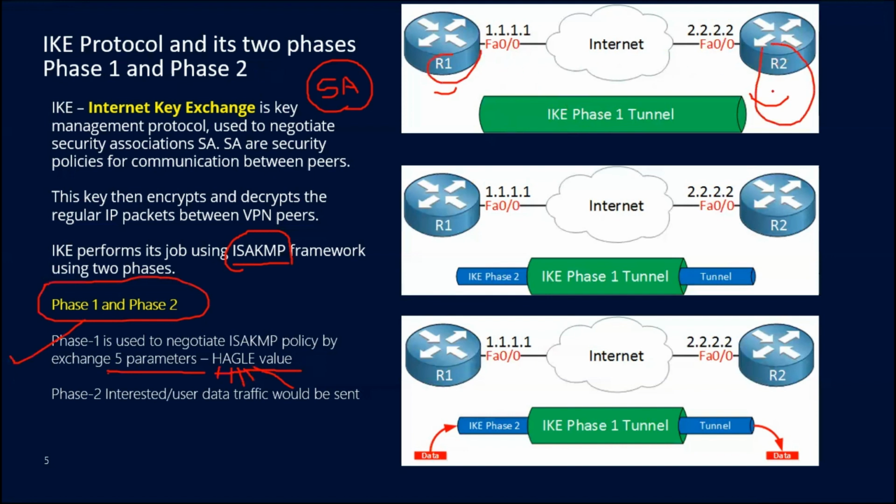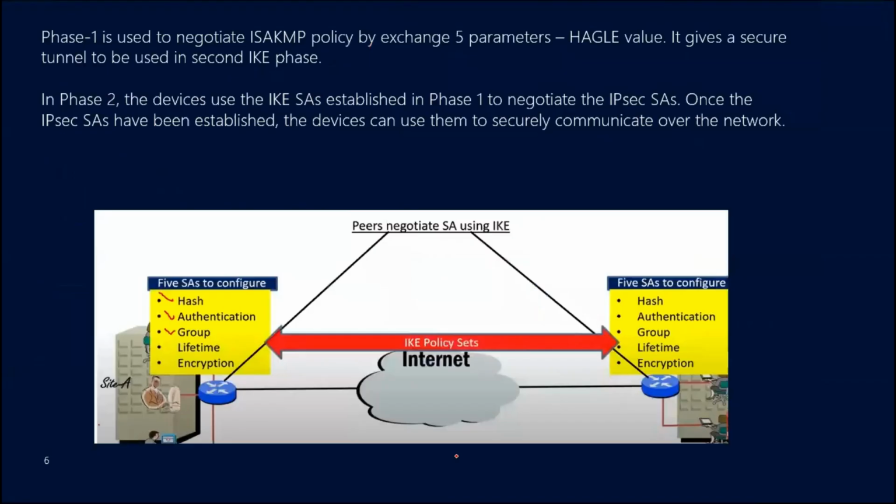First of all, I would like to say that the tunnel can form between two routers and also between two firewalls, whatever your medium is. So the IKE phase one tunnel is established first, and your security associations are negotiated. After that, our phase two is established, and in that phase two, our data flows through the phase two tunnel.